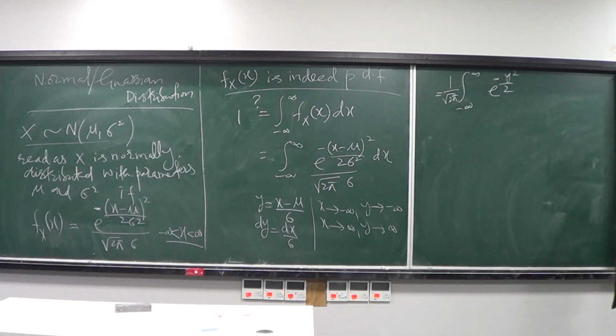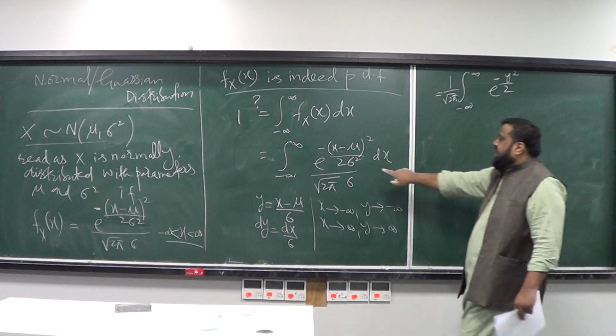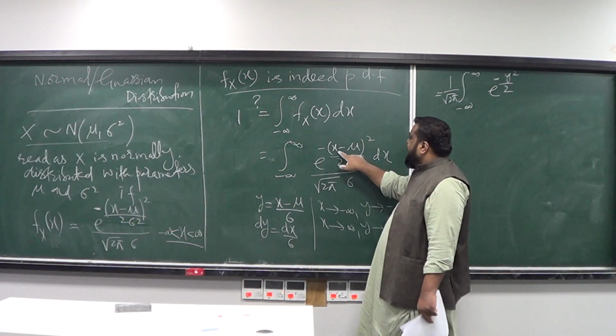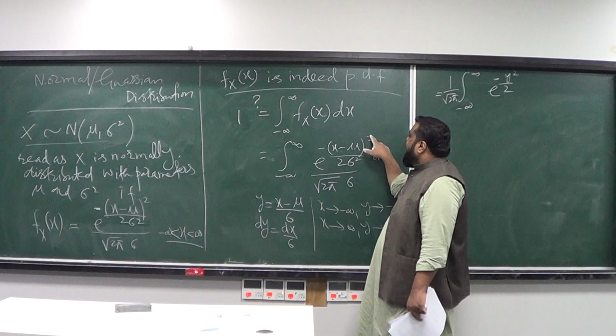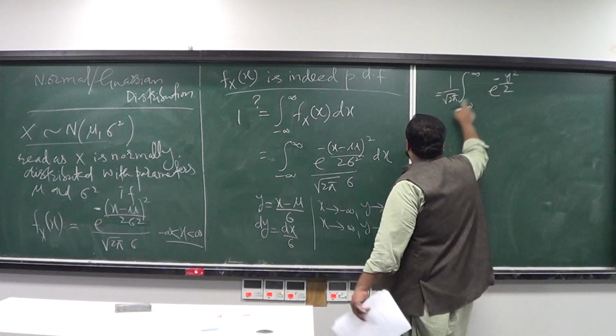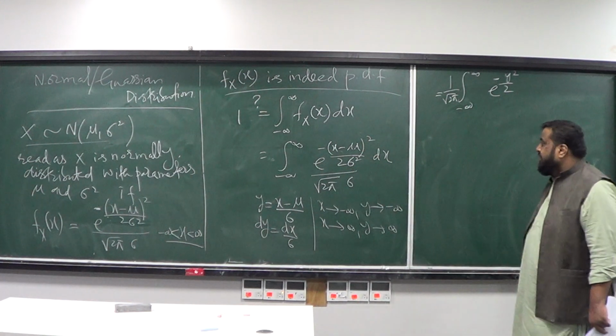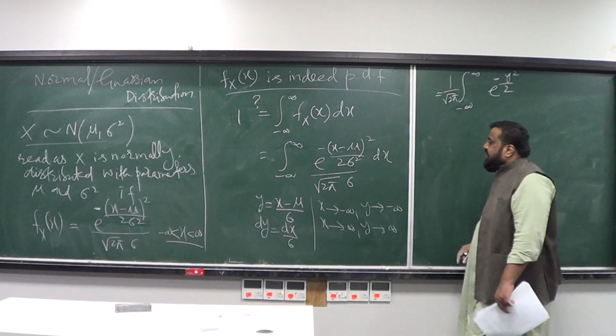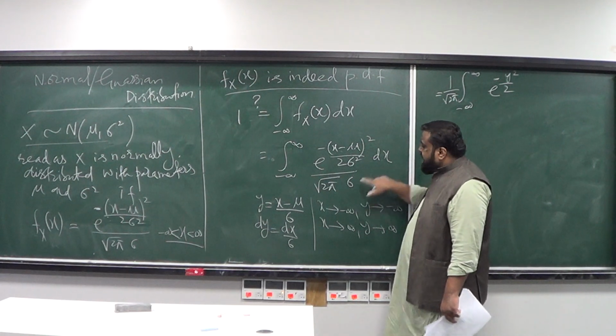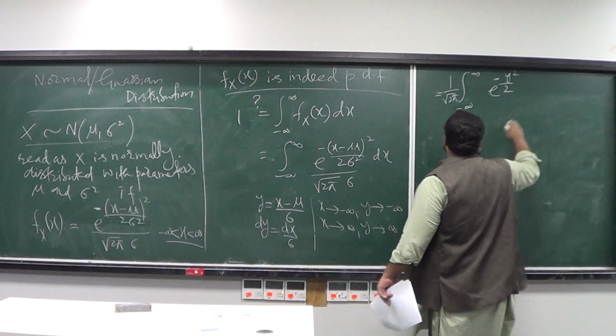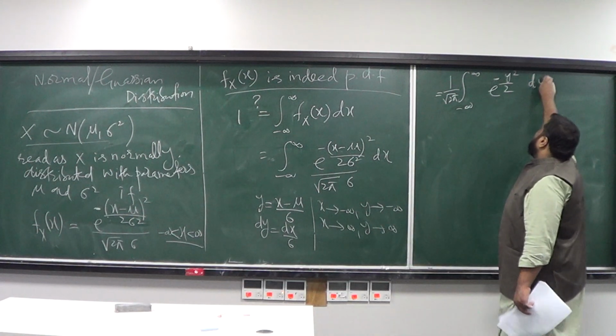If I put the sigma square inside and say (x minus mu) over sigma whole square divided by 2, it's going to be e to the minus y square by 2, with 1 over square root of 2 pi here. dx upon sigma is my dy, so I can put this as dy.